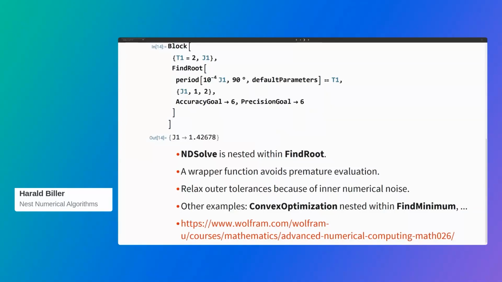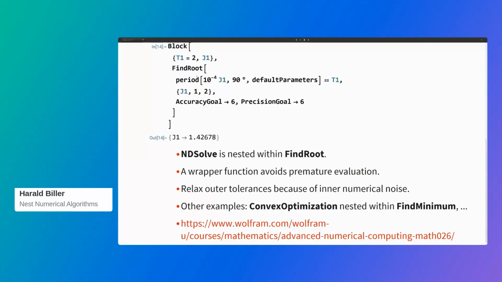Then I found in many such examples that the inner numerical function presents something like numerical noise, and so the outer tolerances should be relaxed.